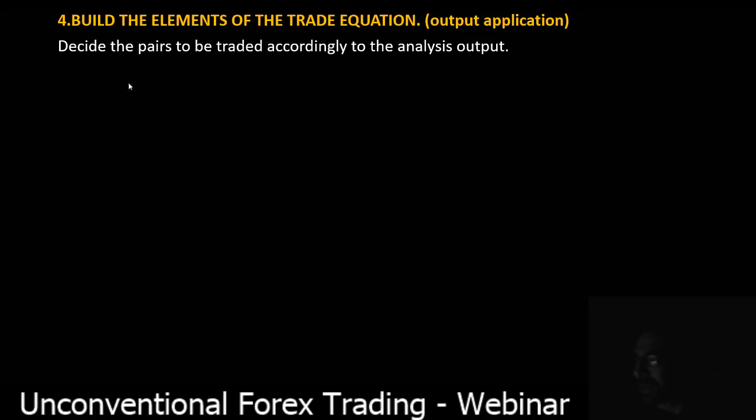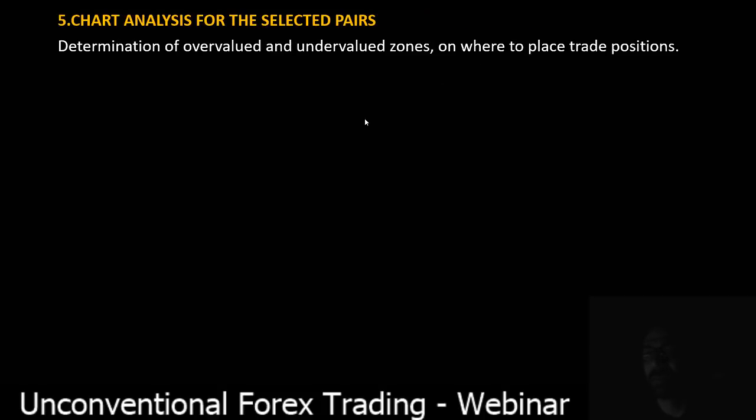Remember, the point is decide the pairs to be traded according to the analysis of the output. Okay, and in order to, these steps are together, okay, because we have a chart analysis of the selected pairs of the point 4 to determine overvalued and undervalued zones on where to place our trade positions.